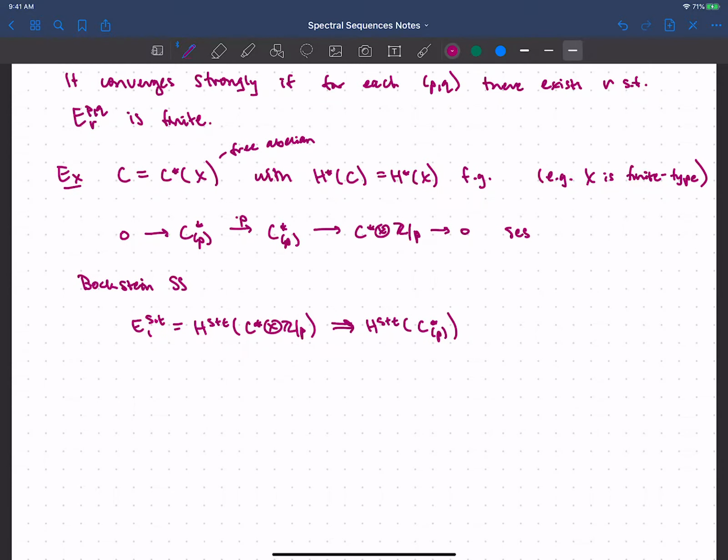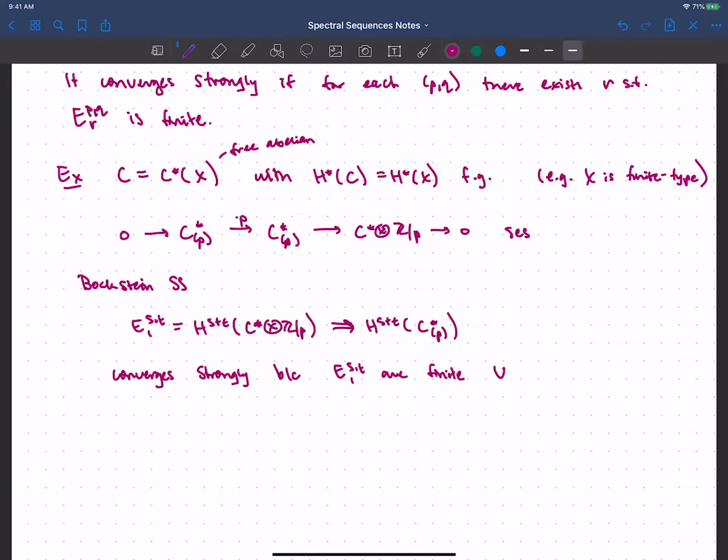And in this case, this converges strongly because each of the E_1^{ST} are finite. This is for all S and T.